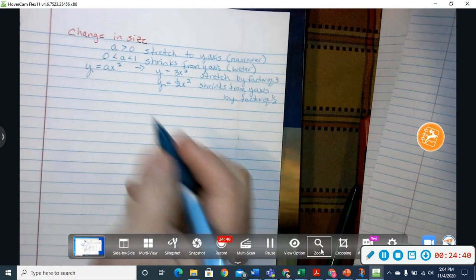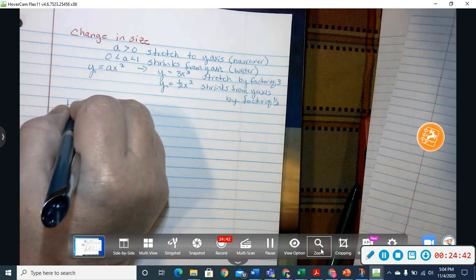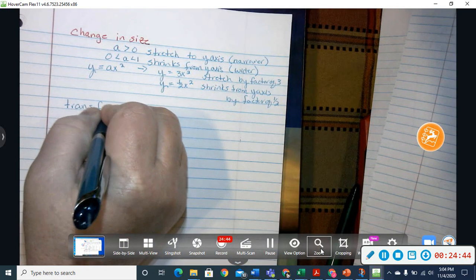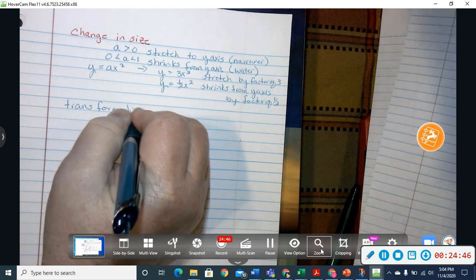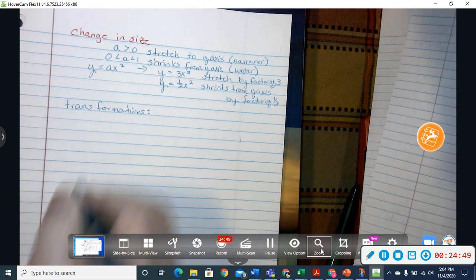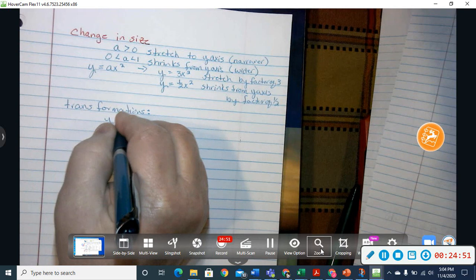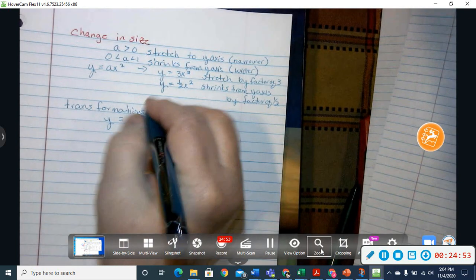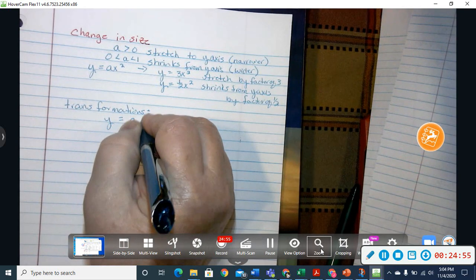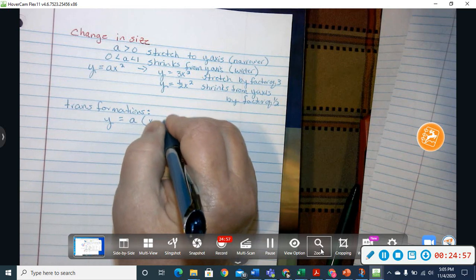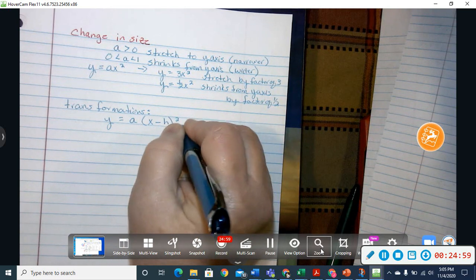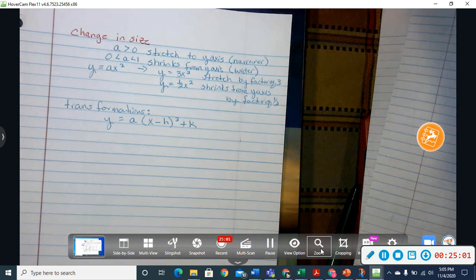Now, to put those transformations all together, you would end up with your equation looking something like this. Y equals A times x minus h squared plus k.